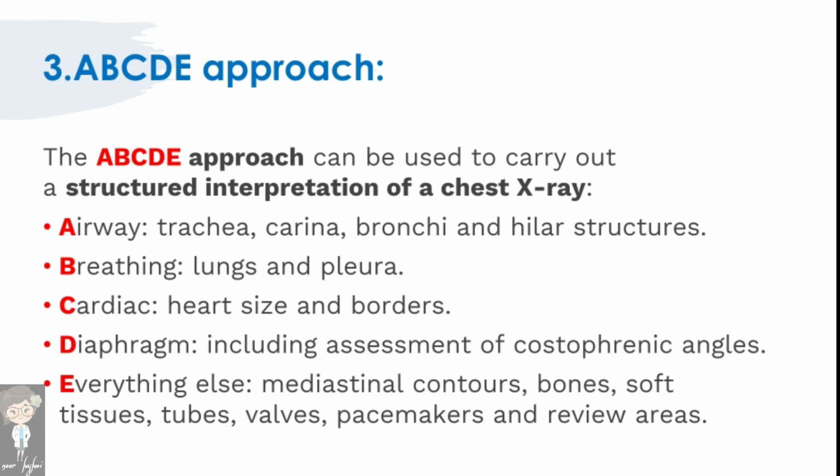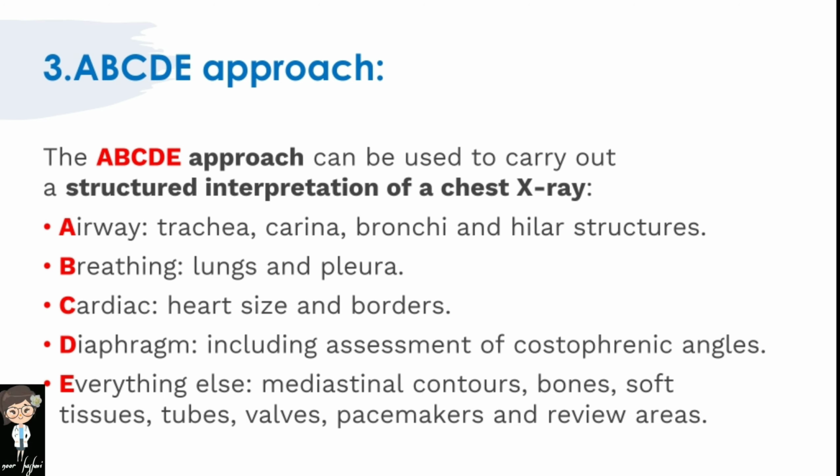Now we will discuss the third and major step of chest X-ray reading, which is the A, B, C, D, E approach. The A, B, C, D and E approach can be used to carry out structural interpretation of X-ray. A is for airway, comprising trachea, carina, bronchi and hilar structures.